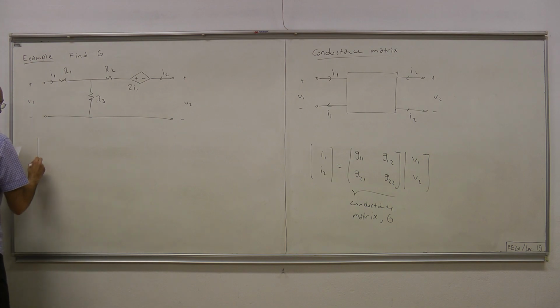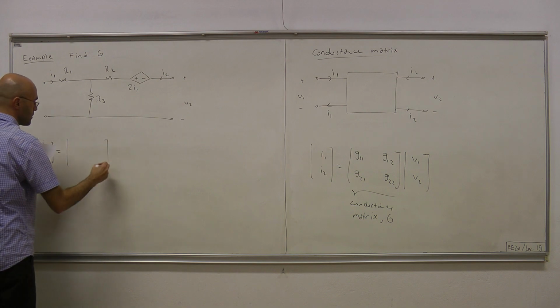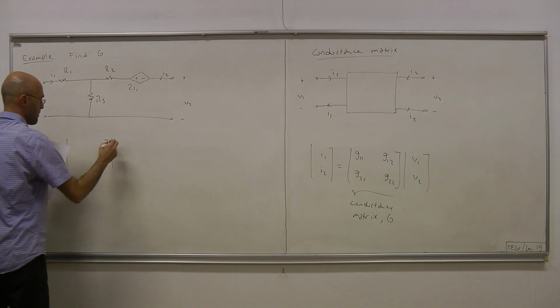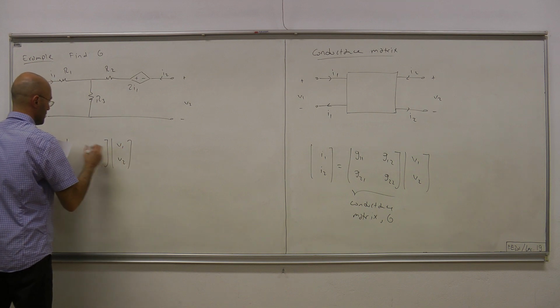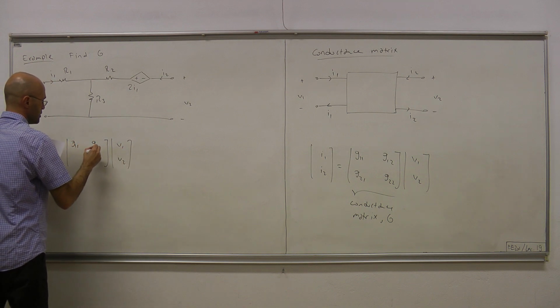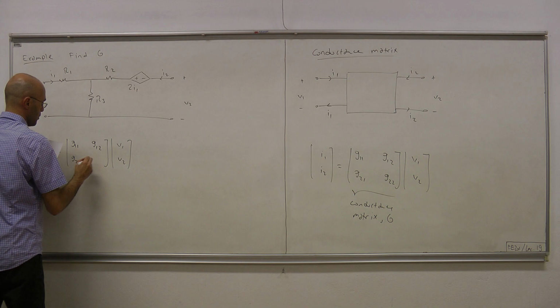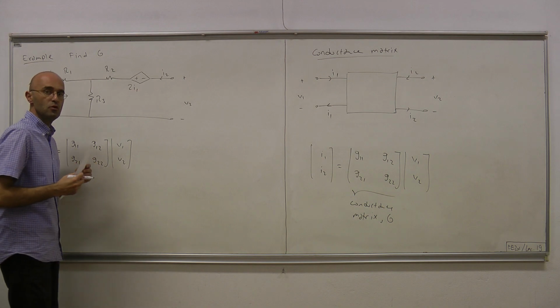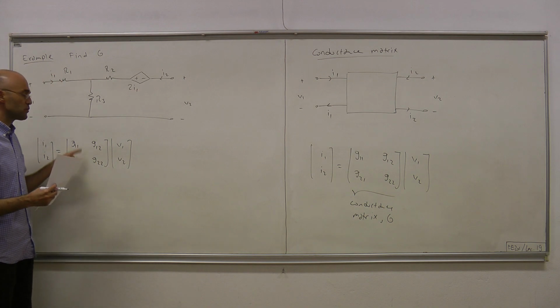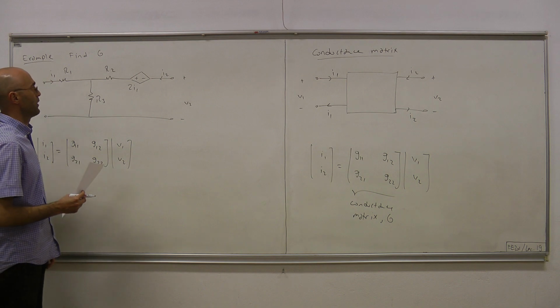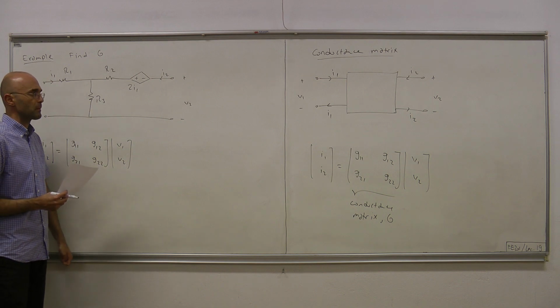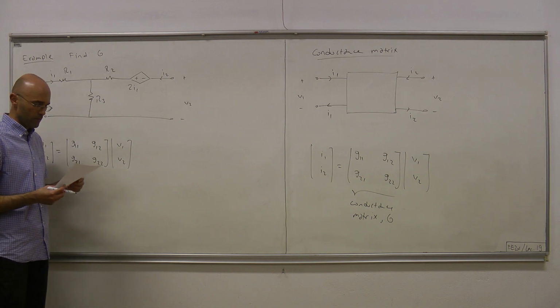And we're after I1, I2 equals G11, G12, G21, and G22 times V1, V2. Okay. We have to figure out those four numbers, four parameters from this circuit. Okay.